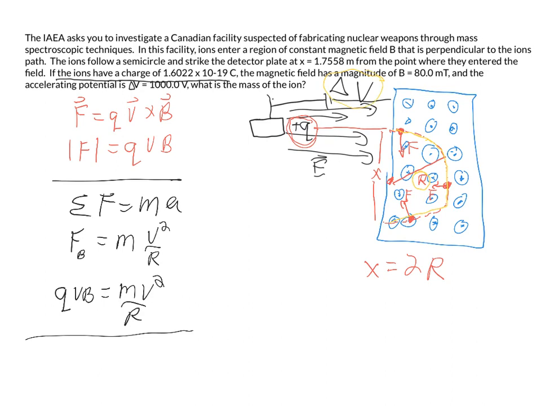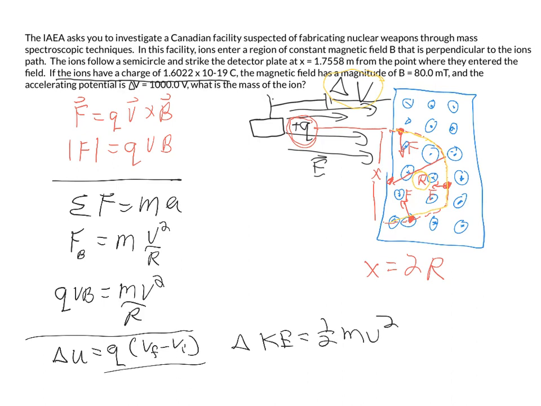We have some potential difference, and the change in potential energy is Q times V final minus V initial. We're also going to have a change in kinetic energy of our object, which will equal 1/2 m v squared. The change in potential energy gives you your change in kinetic energy, so you should be able to solve for the velocity as well.